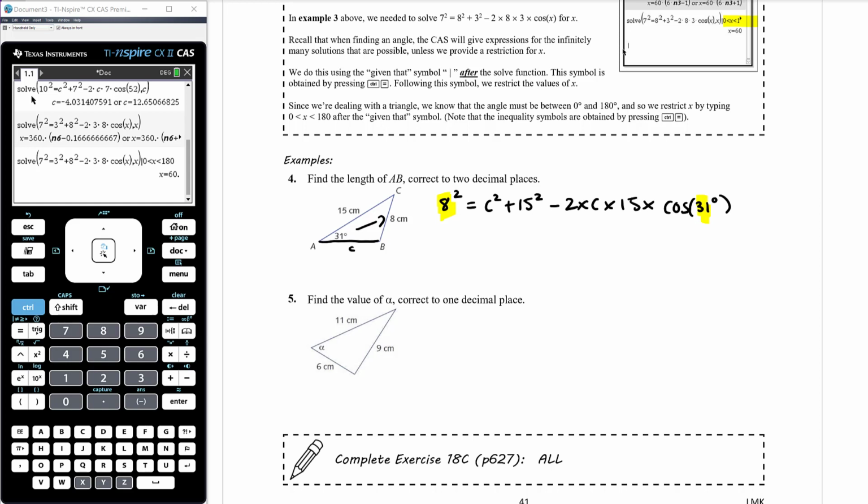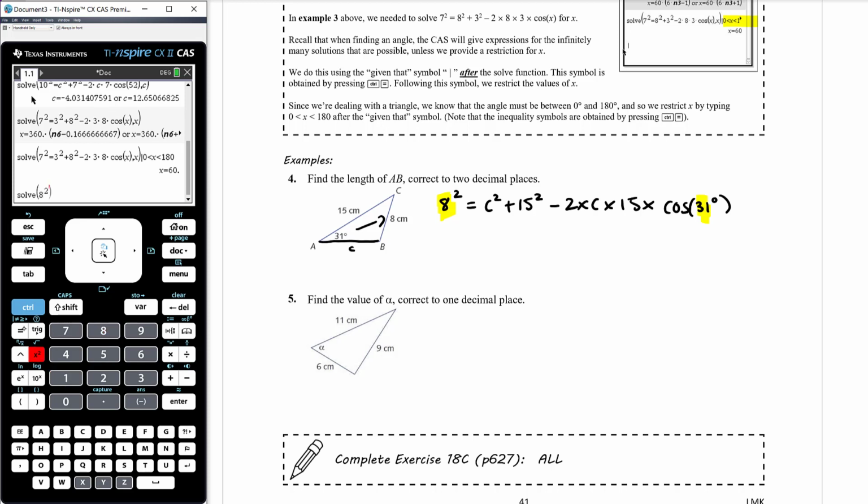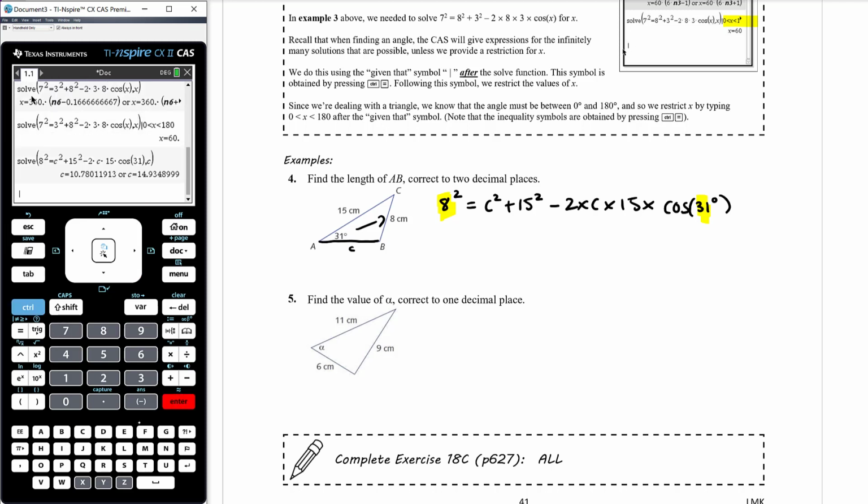And we'll get our CAS to solve that. 8 squared equals c squared plus 15 squared minus 2 times c times 15 times cos of 31, comma c to solve for c, control enter to get our answer as a decimal.